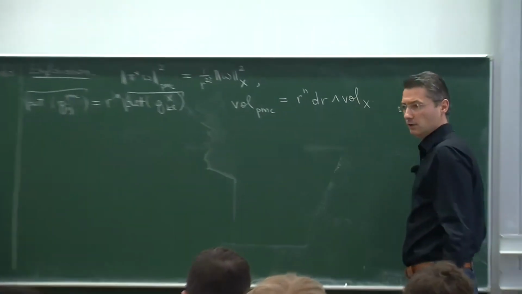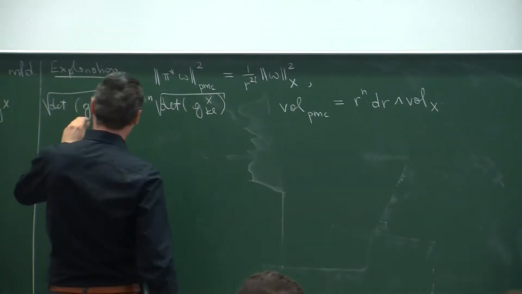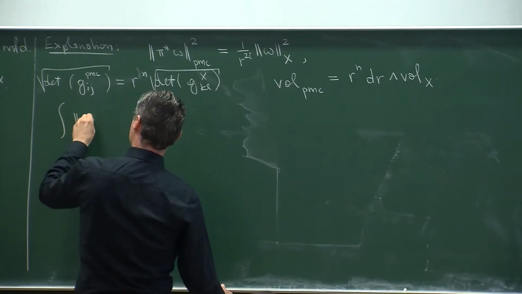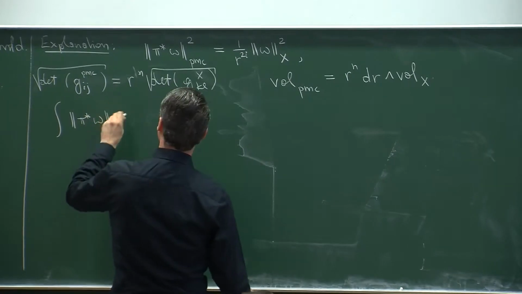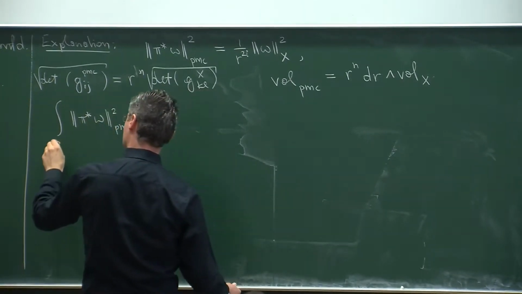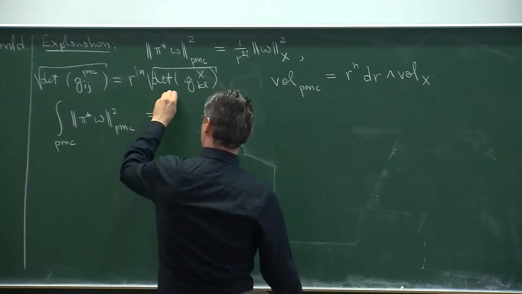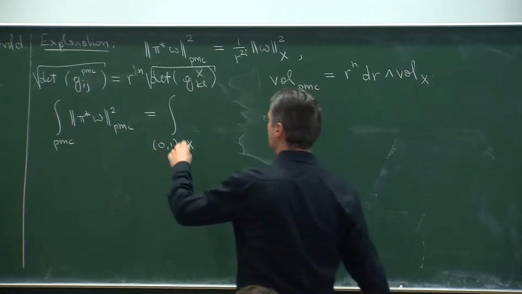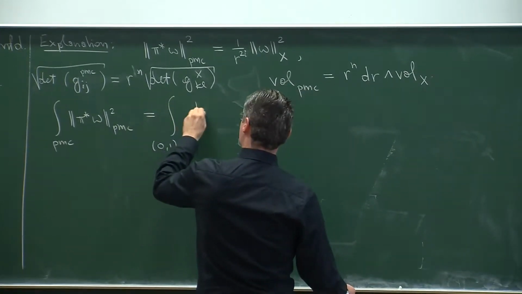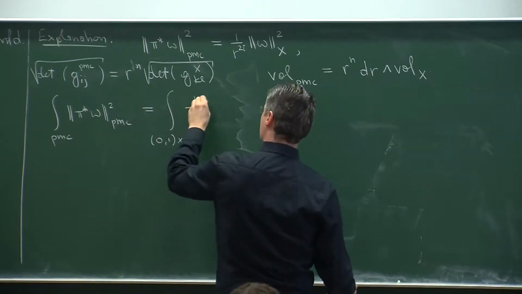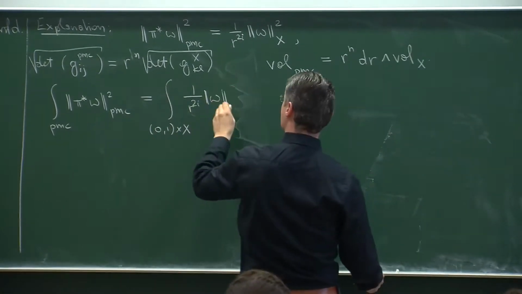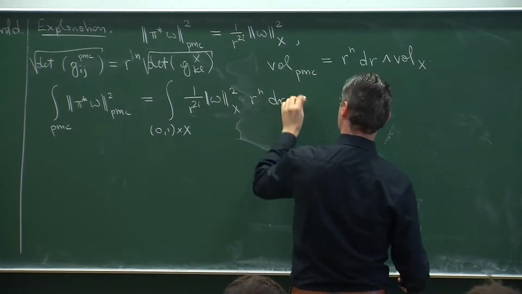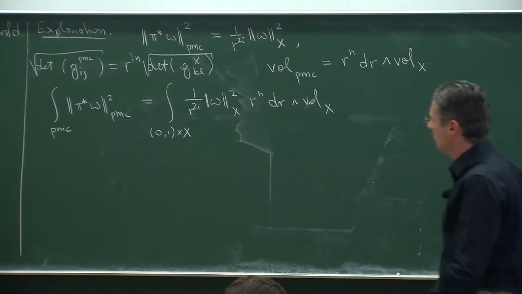So now using this in our calculation, we say, okay, what is the integral of the norm of the pullback? Well, I integrate really over an interval cross X, and if I plug in what we have up here, then I get an expression like this.